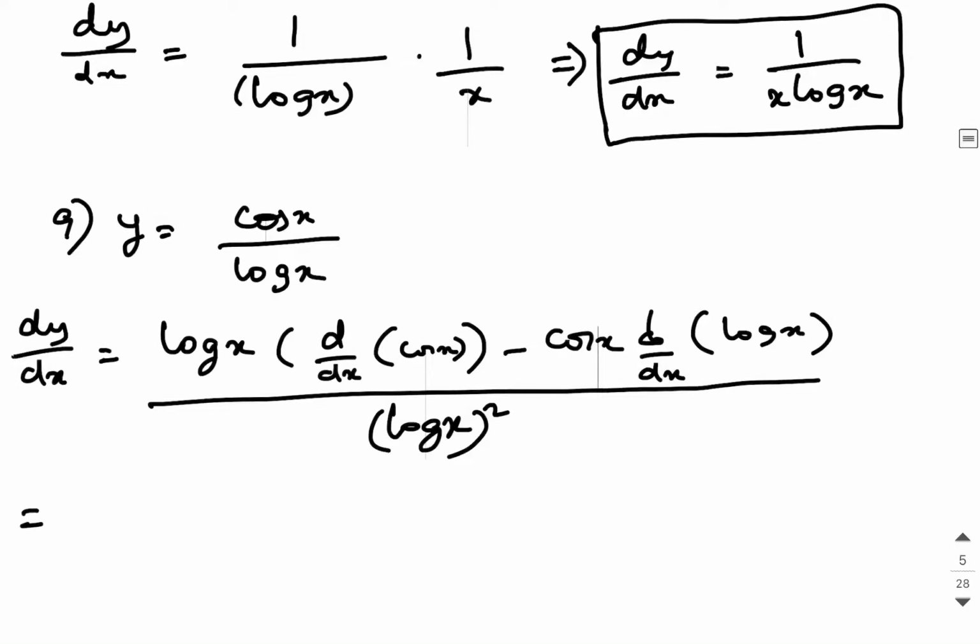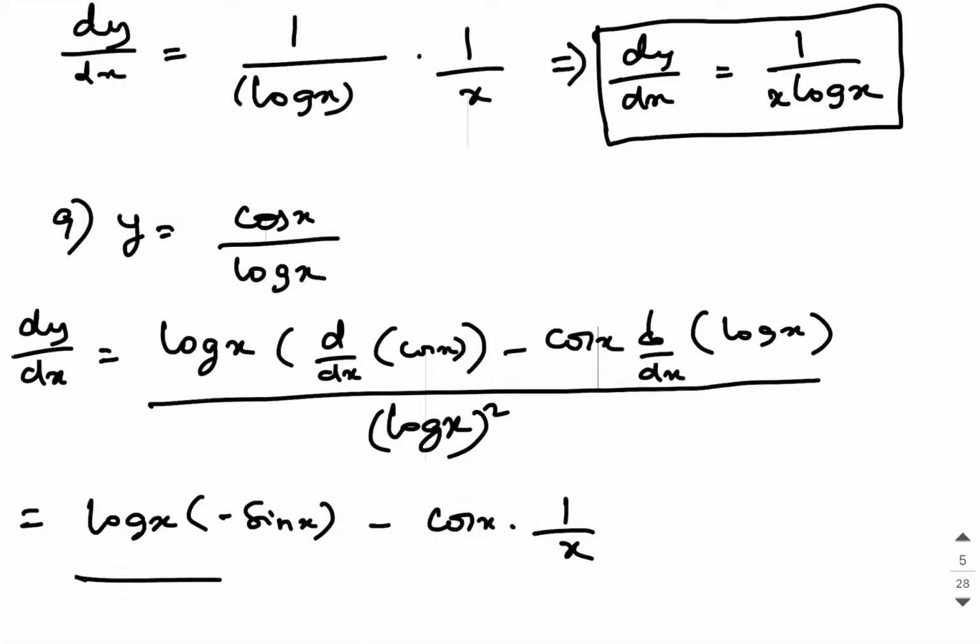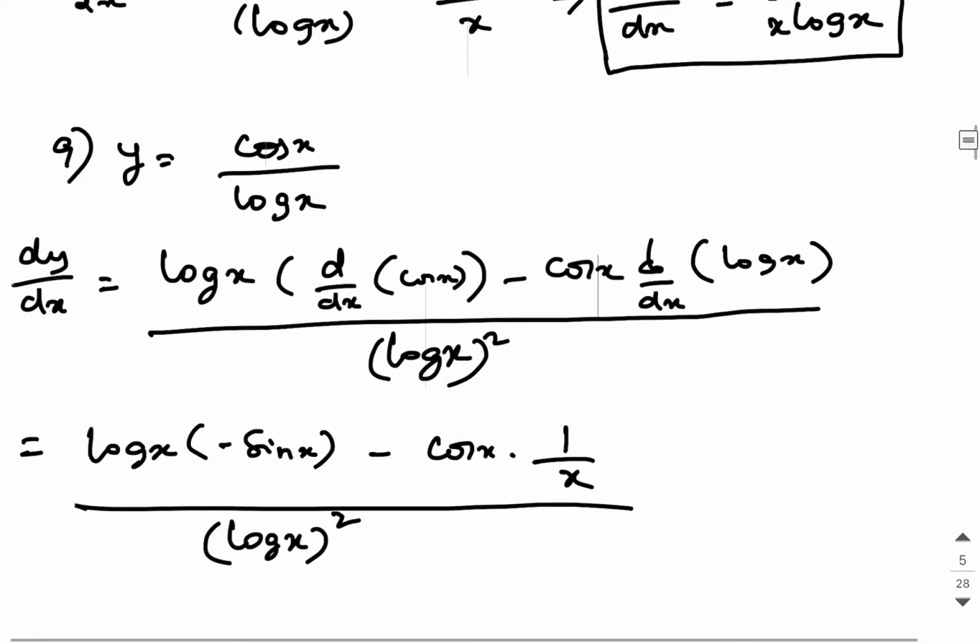So this will be equal to log x into derivative of cos x, which is minus sin x, minus cos x into derivative of log x, which is 1 by x, whole divided by log x the whole square.